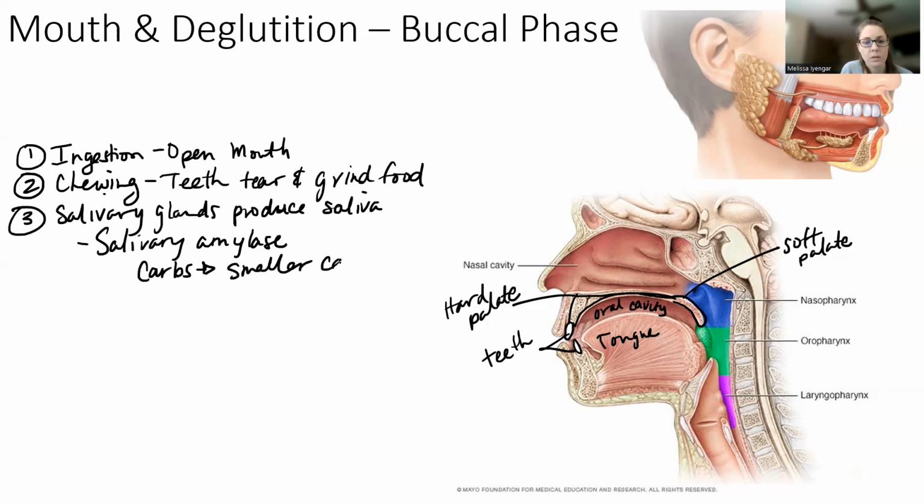I know you're like, what? Big chains of carbohydrates, you break them into smaller chains. You haven't actually cut them all the way into glucose yet, or very small simple sugars. You're just breaking the bigger complex carbohydrates into smaller ones in the oral cavity.